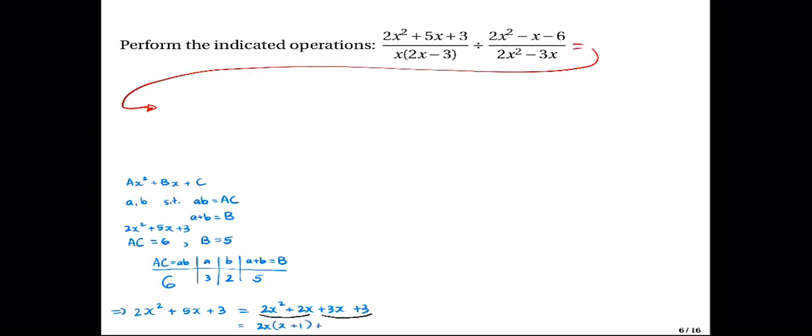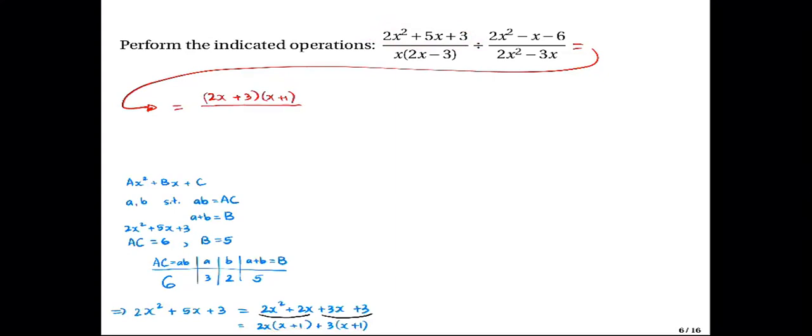On the other side, we can factor out 3, and we'll be left with x plus 1 again. And then we can factor out x plus 1 because it's now a common factor of these two addends. Which means in the numerator, for the first expression, we can write it as 2x plus 3 times x plus 1.